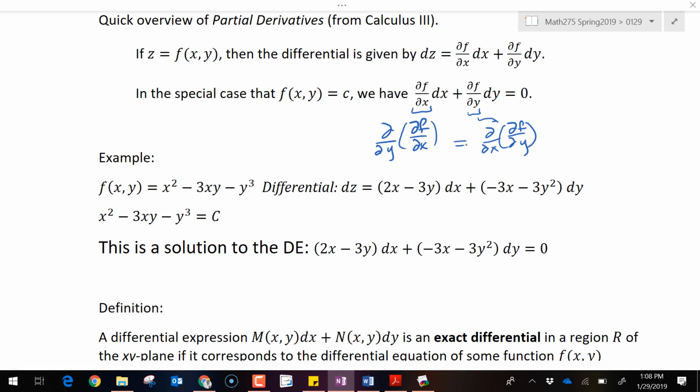So that's called second order mixed partial derivatives.